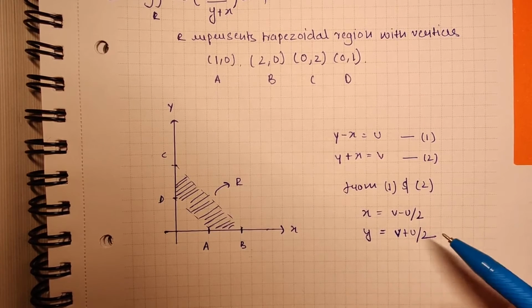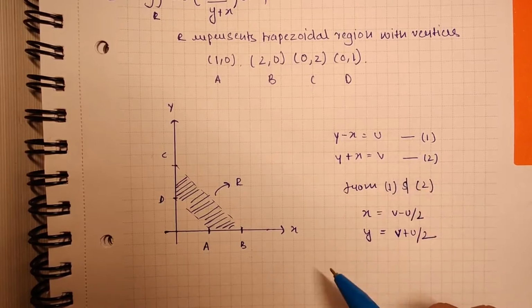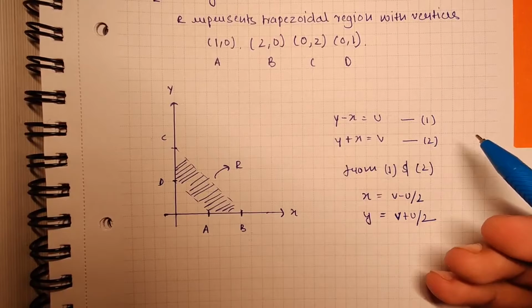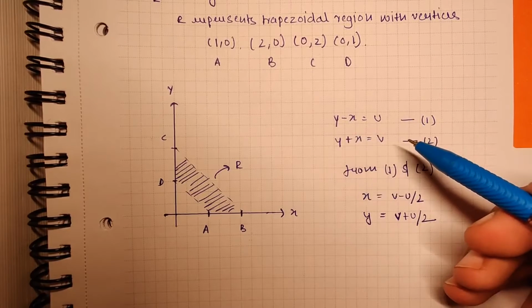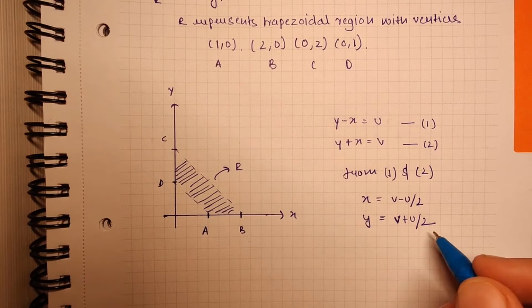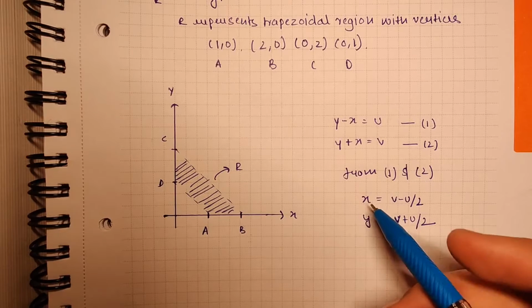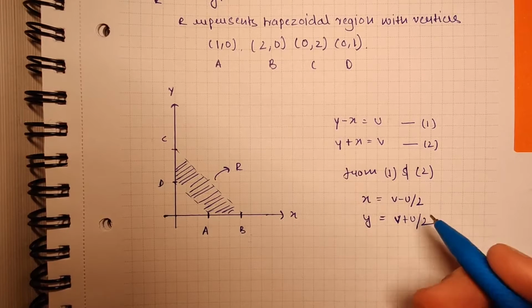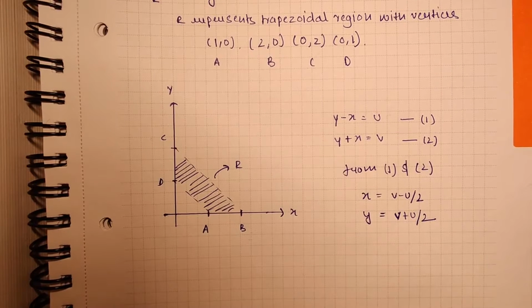We can easily take out both these values just by solving these two equations. If you add equation 1 and 2, what you would get is 2y equal to u plus v. That means y is equal to (u plus v) upon 2. And similarly, if we substitute the value of y, we can find the value of x, which would come out to be (v minus u) upon 2.